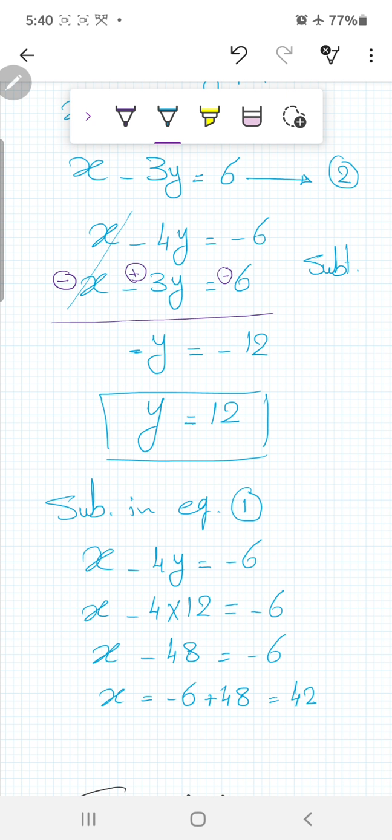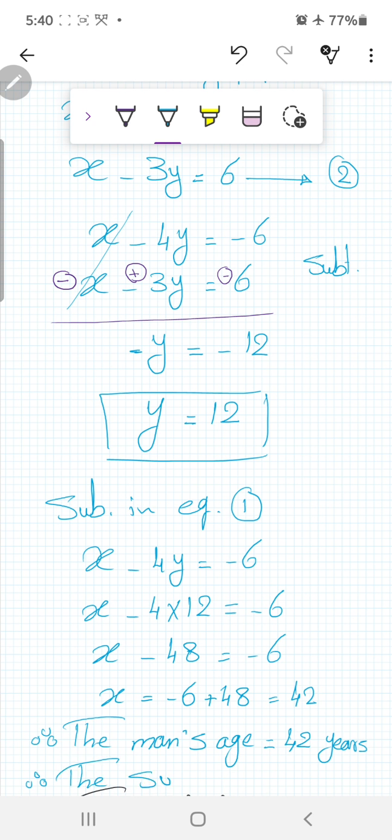Okay, so x equals 42. What are x and y? y is the son's age, and x is the man's age. So the man's age is 42 years old, and the son's age will be 12 years.